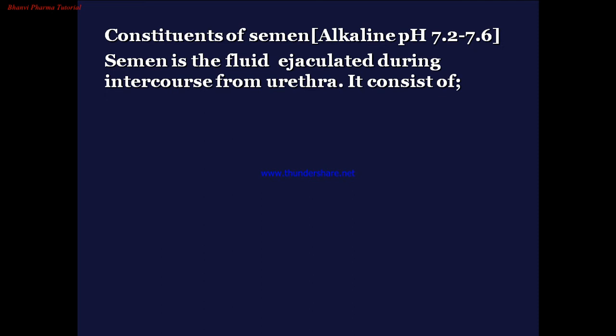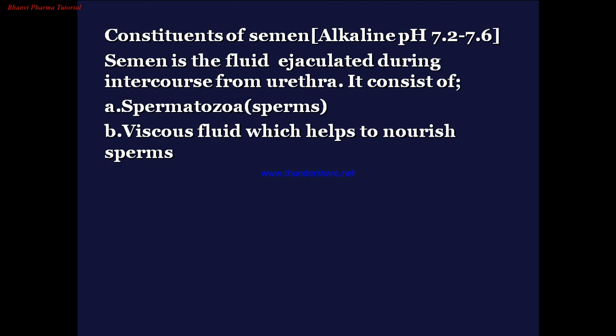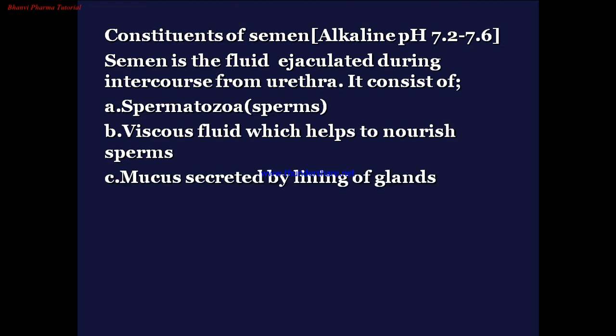Semen consists of, first, spermatozoa or sperm and viscous fluids which help to nourish the sperm. Next, mucus secreted by the lining of the glands, to form a mucus layer.